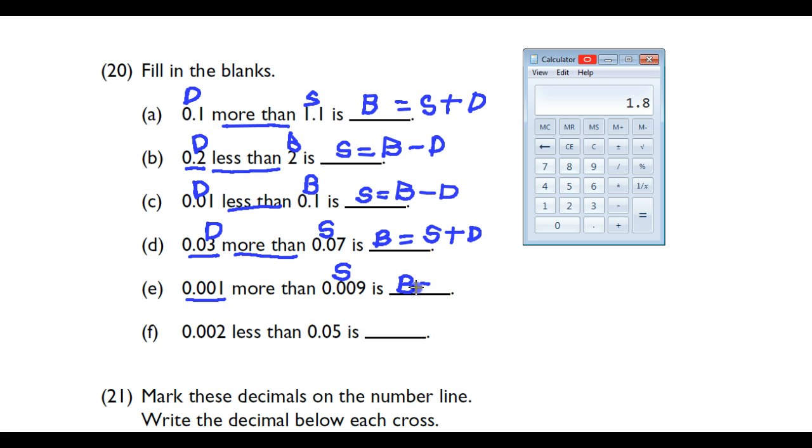So big number is small number add on the difference. How about this? Less than a big number, this one must be the small number. How to get the small number? The small number is the big number minus the difference. Now work this out on your own.